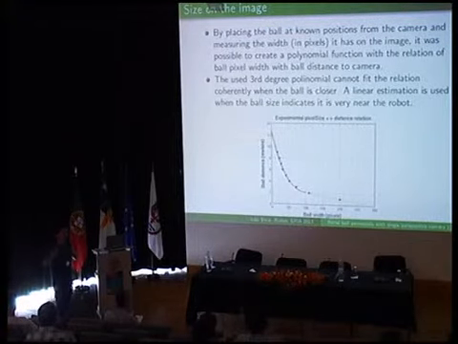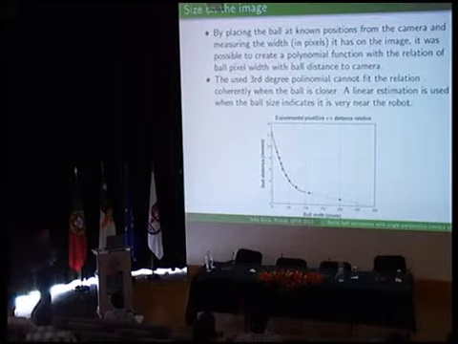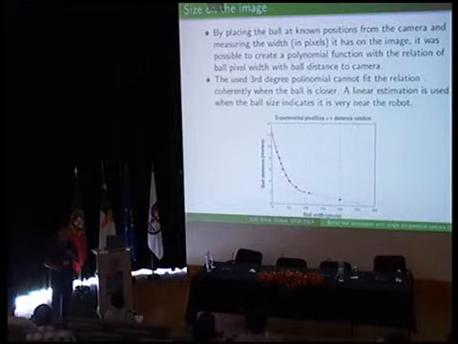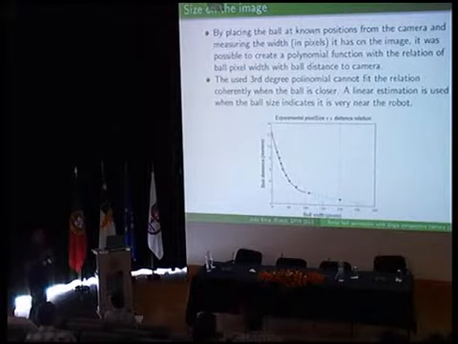So the width of the ball should be its full width. And so, since we know its real size, 22 centimeters, and knowing the intrinsic and extrinsic parameters of the camera, we can easily estimate the distance that corresponds to a ball of that size in pixels.